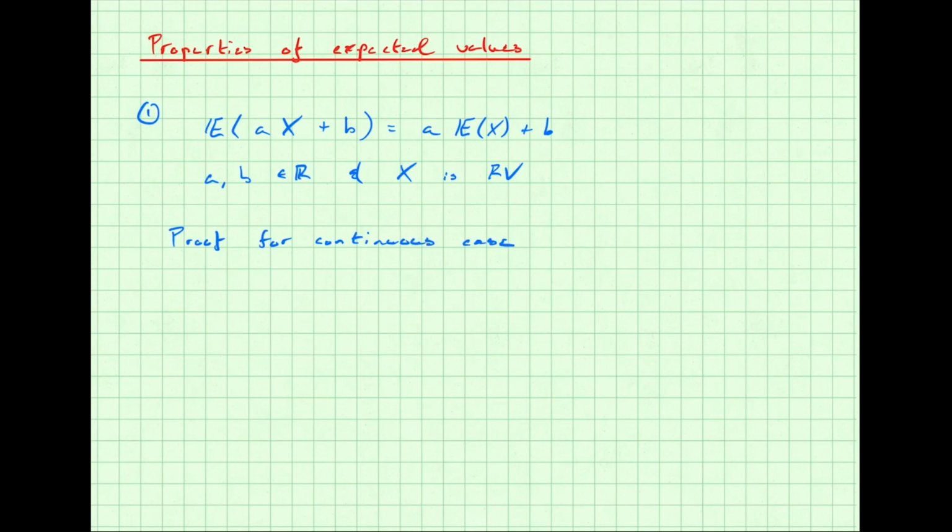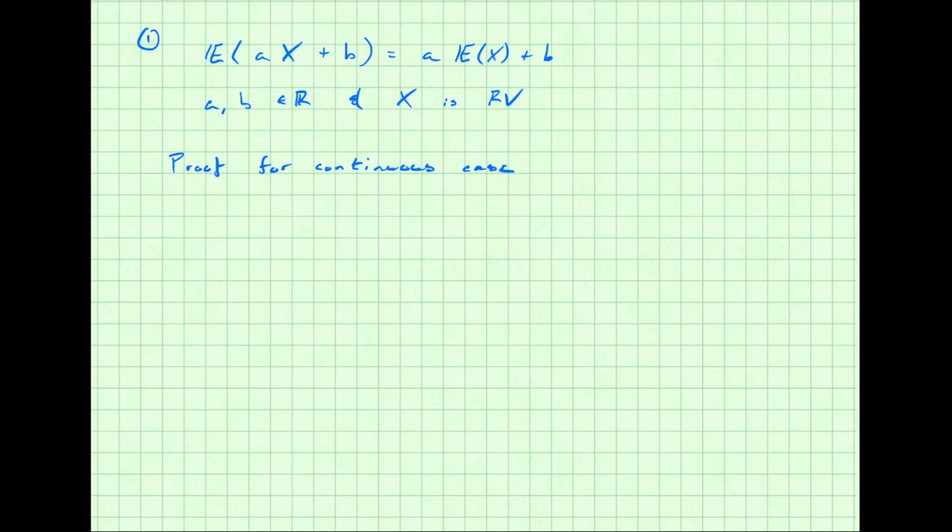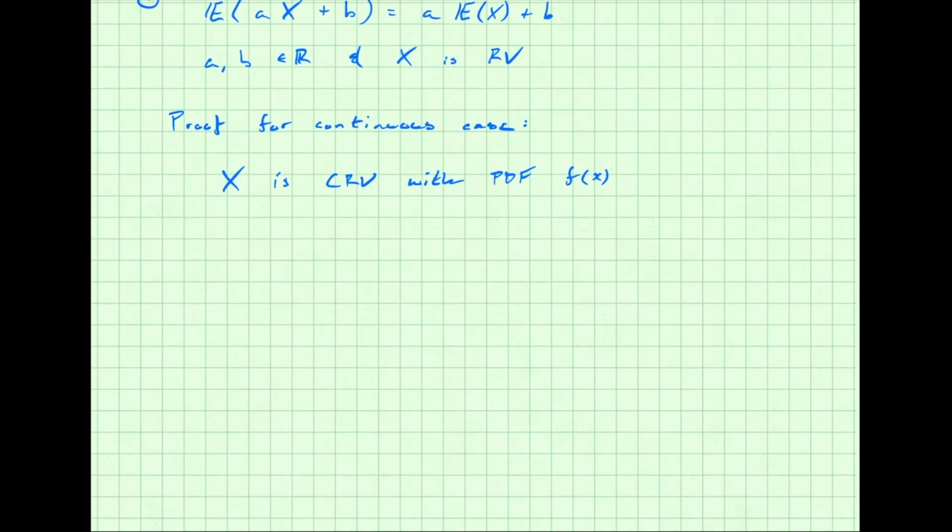The proof works just like you might imagine, but maybe not. So let's go through it. Let's say x is a continuous random variable, and it has a PDF that we know, f of little x. Then what is the expected value?